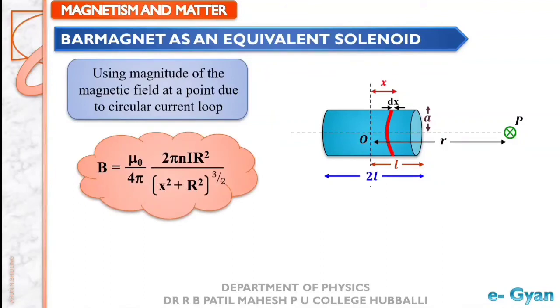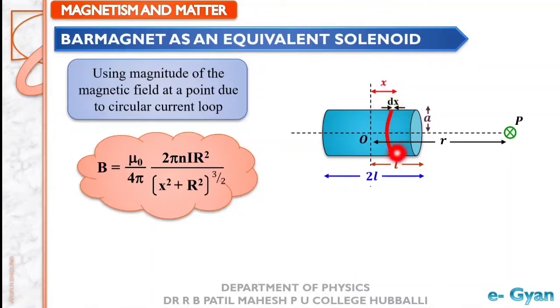This one we have derived in the chapter Moving Charges and Magnetism by using Biot-Savart's law. So this formula will help us to solve the present scenario. This is valid for a circular current loop, and in the present case we have a small thin circular current loop here.